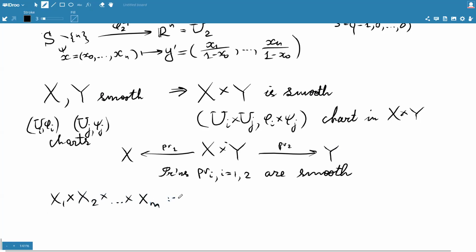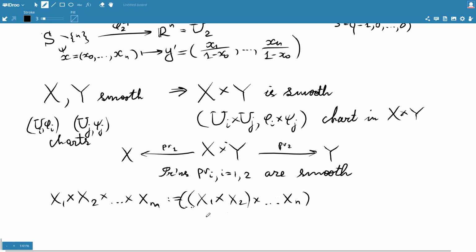This is by definition X_1 cross X_2 cross etc. up to X_m. And of course, this operation of taking successive direct products is associative.